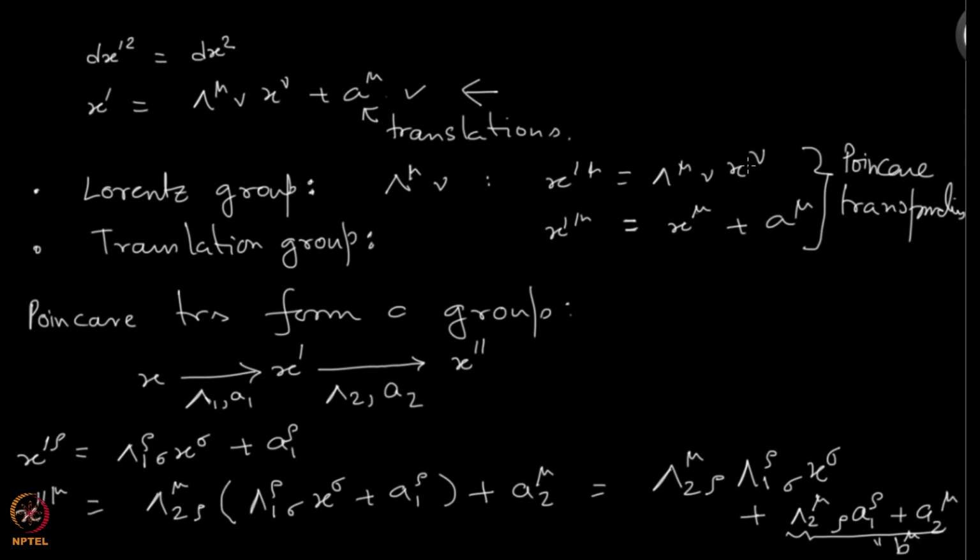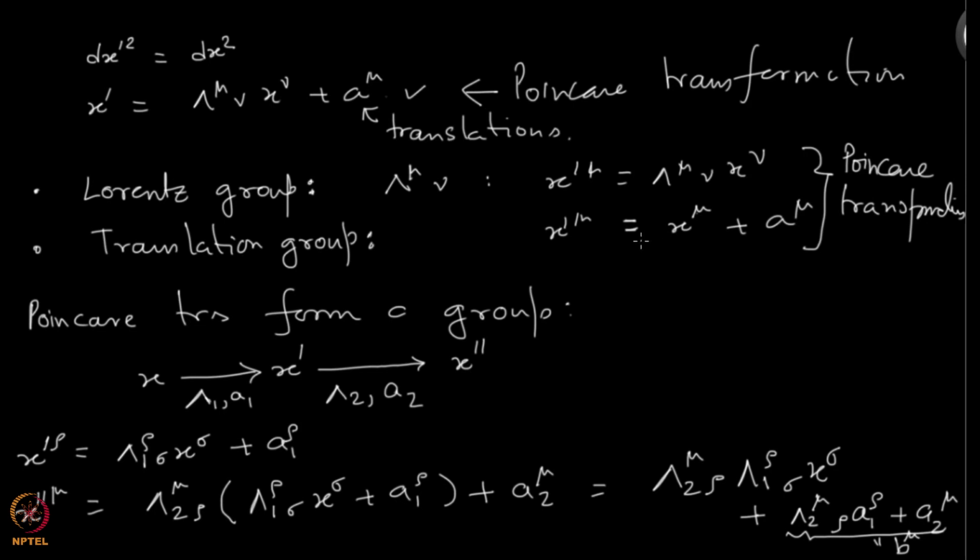And these two transformations together are what constitute Poincare transformations. So, if you exclude the translations, then you have only Lorentz transformations. If you include translations and have both Lorentz transformation and translation, then you call them Poincare transformations.